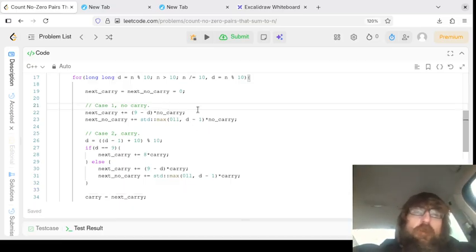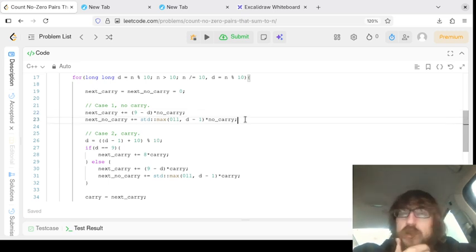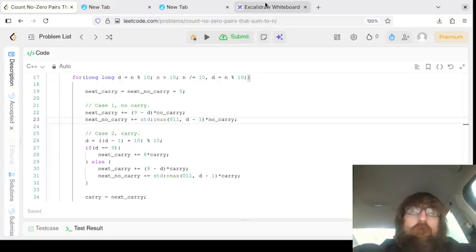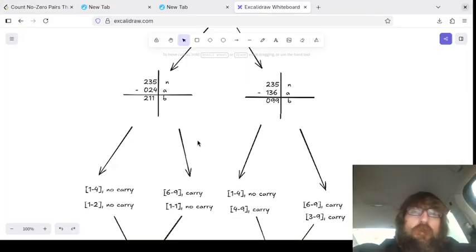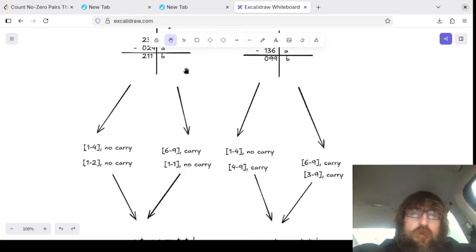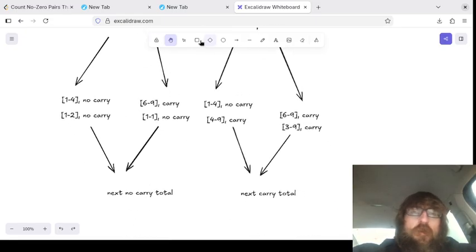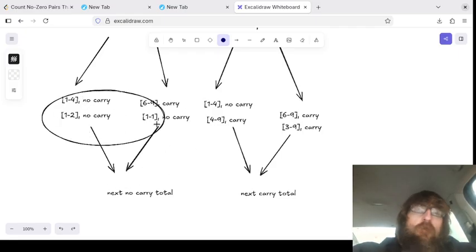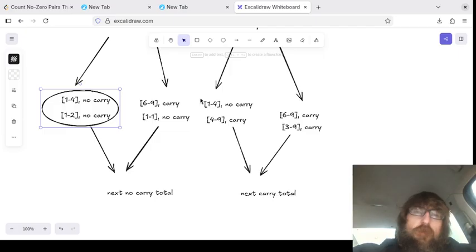The case 1 no carry case is very simple. So I'm going to say the next carry. Case 1, I said, was no carry, so it's going to be here. This is the no carry case. Well, really, it's this one and this one.